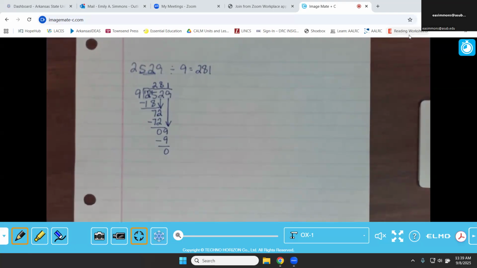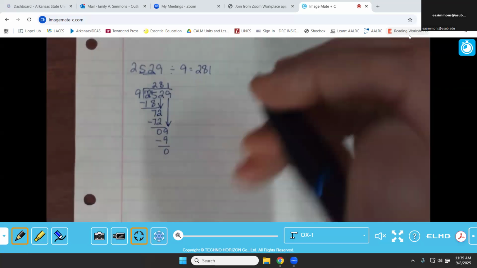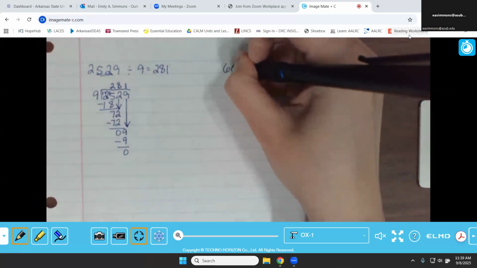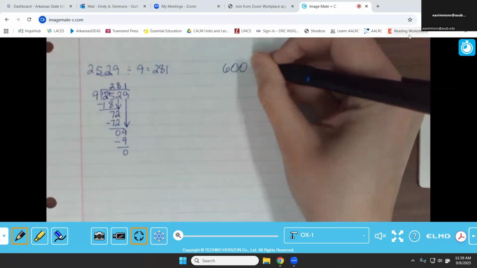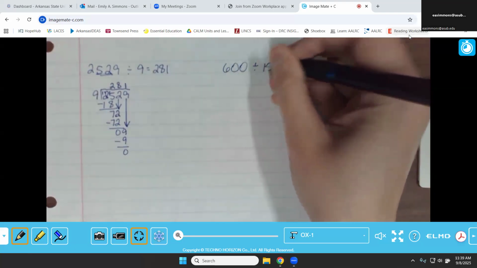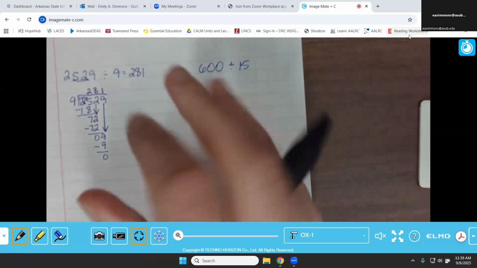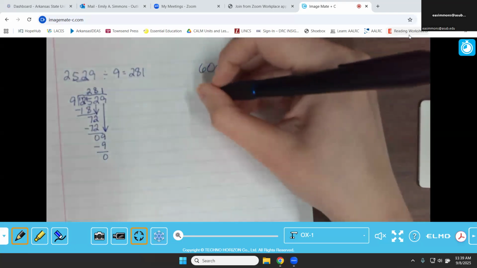All right, let's do another one. What if I had 600 divided by 15? Now, some people might just do this one in their head, but again, I'm not doing multiplication or division like this in my head, so I'm gonna do my long division.